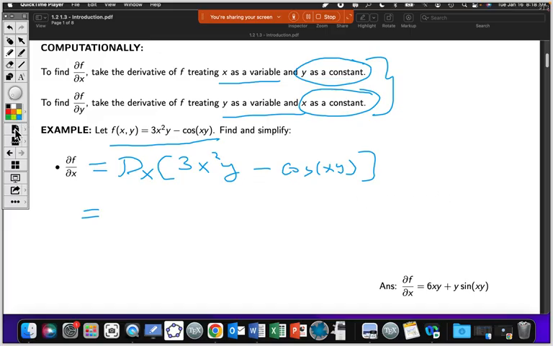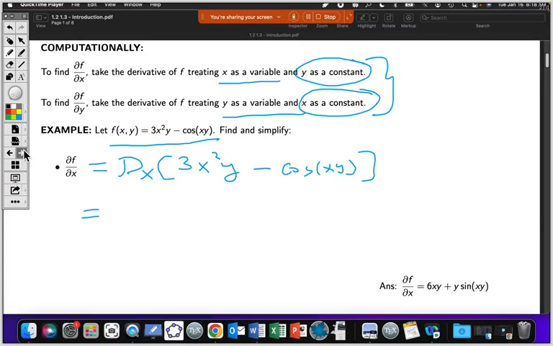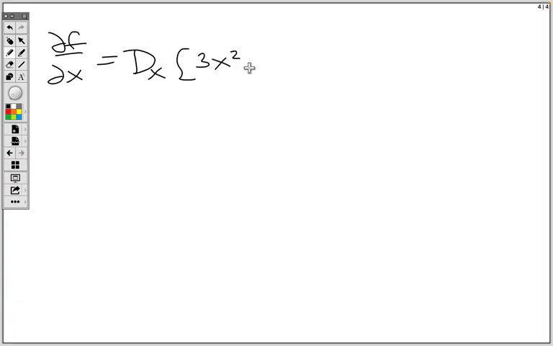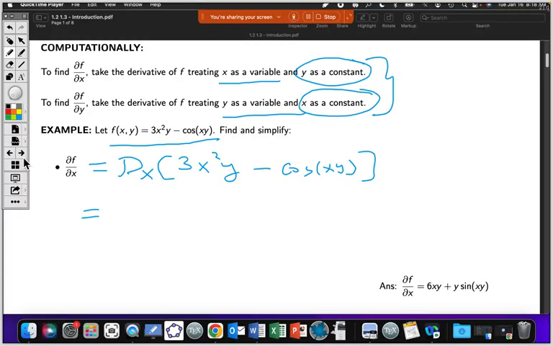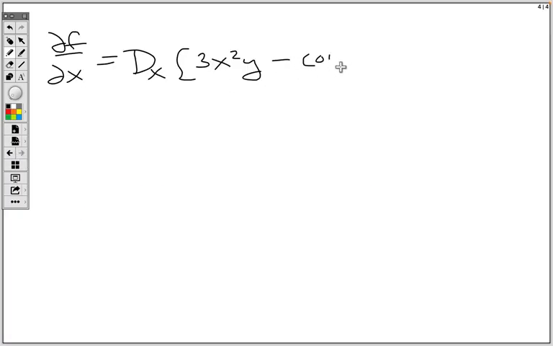So let's go ahead and just start a new page for this. All right, so all the derivative properties apply. What would be the first property we could apply here to get going with this derivative?